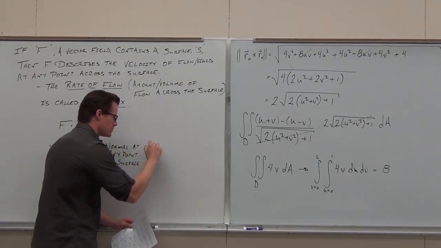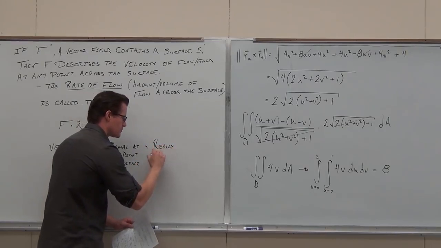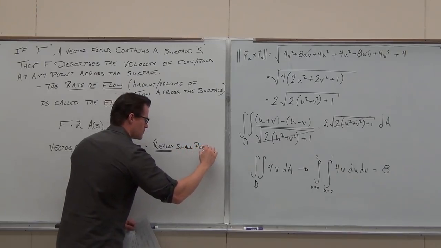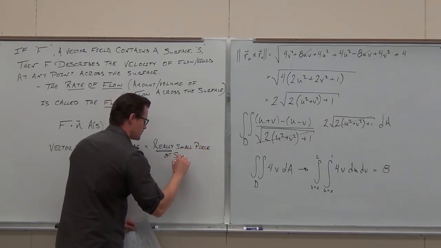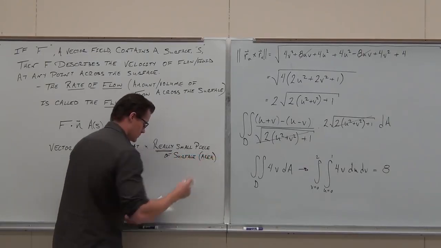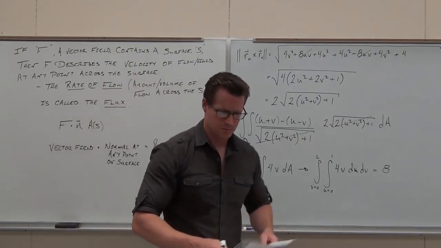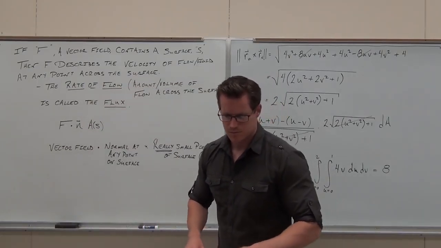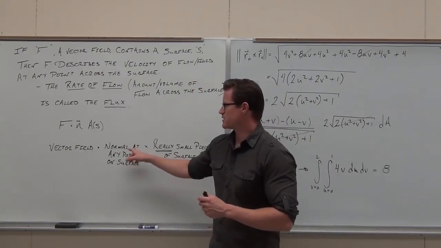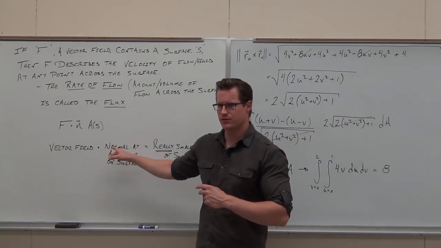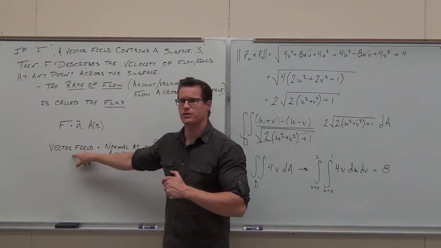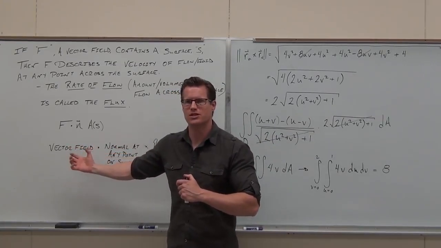So surface area. What's it given us? It's given us a normal to that surface and the flow through that surface according to the vector field. So it's given us how much is crossing this region.